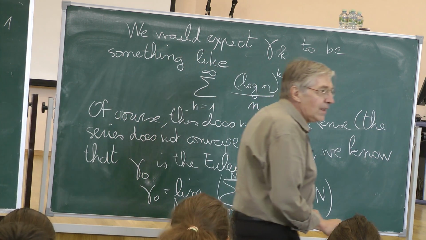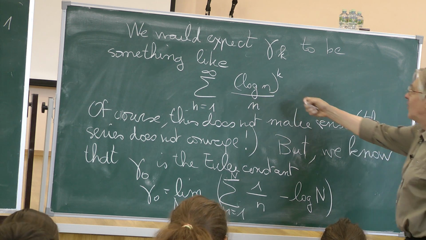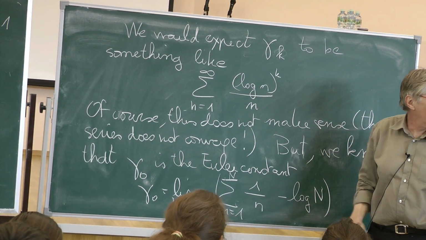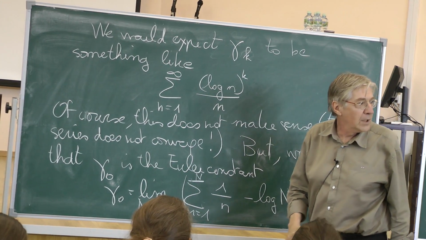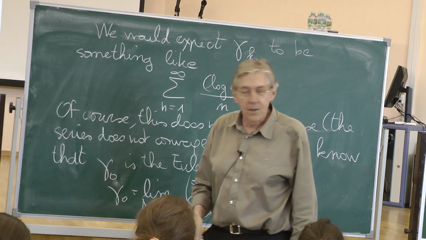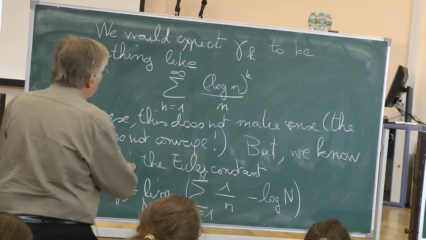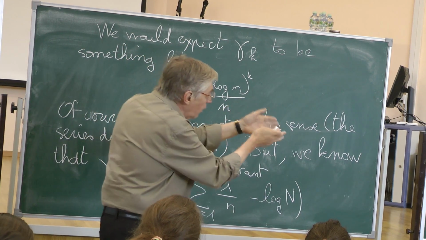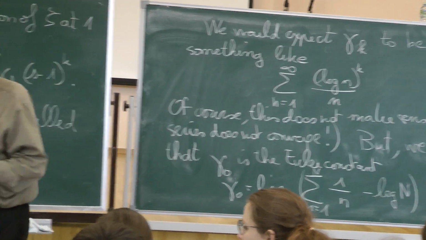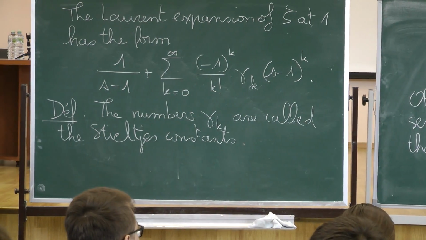So, in fact, it means there is some kind of truth in this expectation, and this is this kind of truth which I would like to explain today, not only for 1 but also for 0 and also for negative integers. So more or less to explain what is the relation between this divergent series and the coefficients which really exist when we take expansions. So this is a motivation.